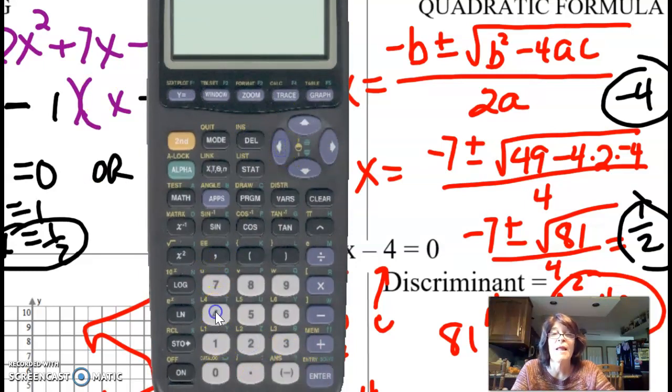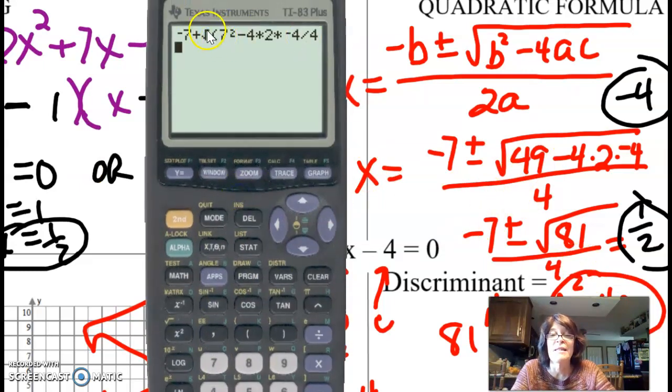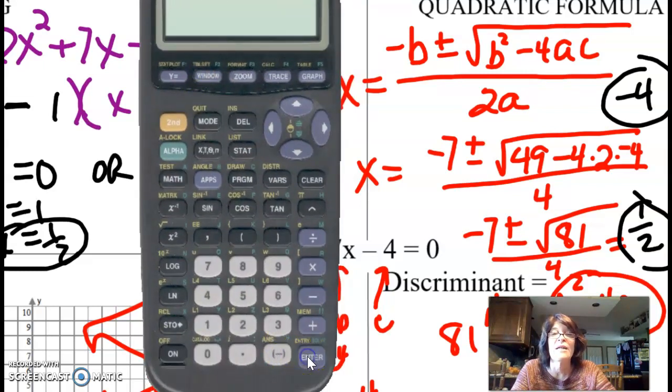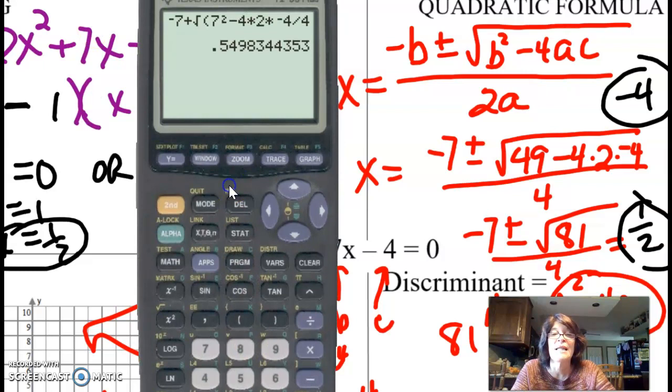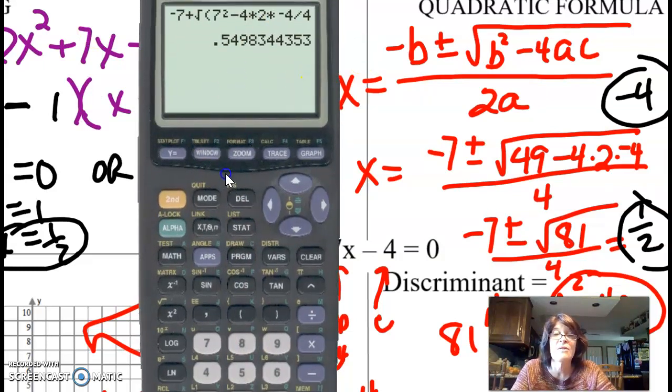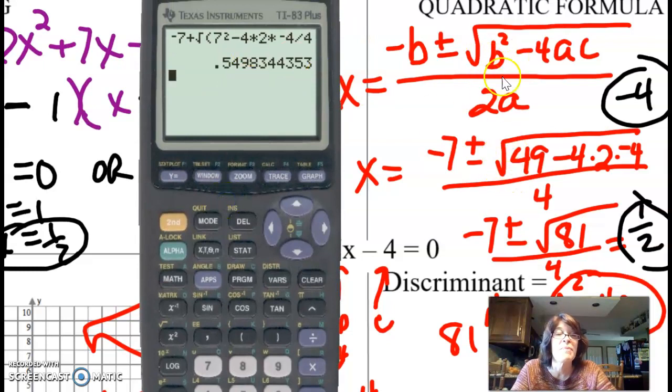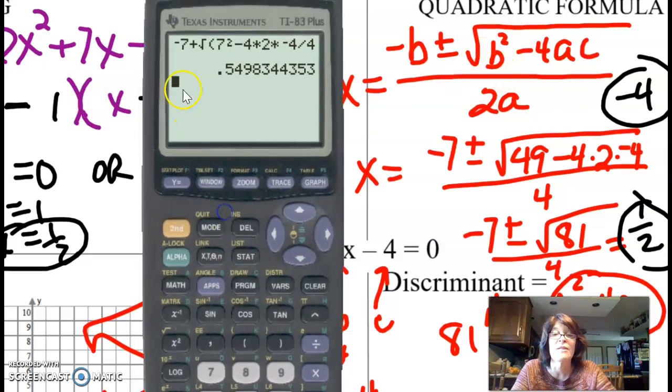They think they're typing it in right, but they didn't close the parenthesis to end what was under the square root. They're just kind of blindly typing, and then they get their answer and say, oh, it's 0.5498. No, it's not. The other thing that happens is if b happens to be negative, you'll end up getting the wrong answer because you forget that you're squaring it, and that becomes positive.